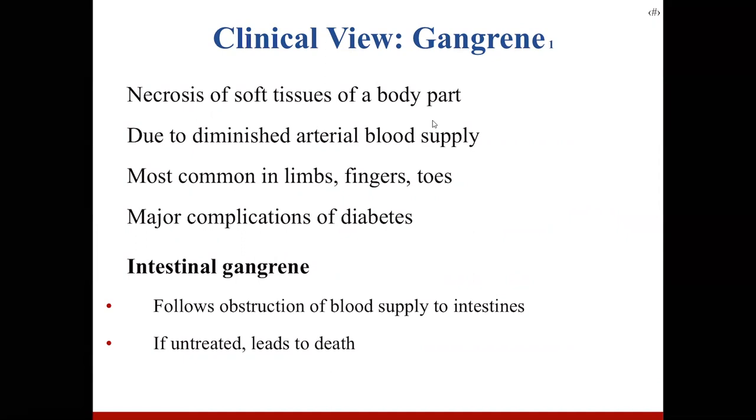You don't have any blood going to the tissue and the tissue dies. After the tissue dies, you can get an infection, and then the infection could lead you to be septic, or you might just have to have that part removed. Gangrene can be a part of diabetes if you're having damage to your toes and fingers and feet.